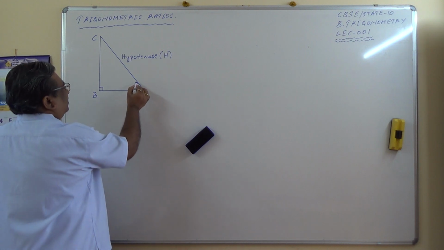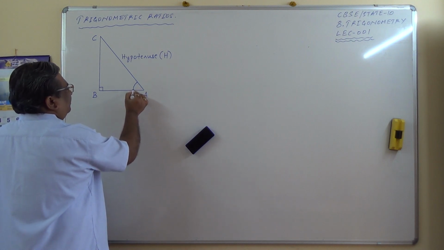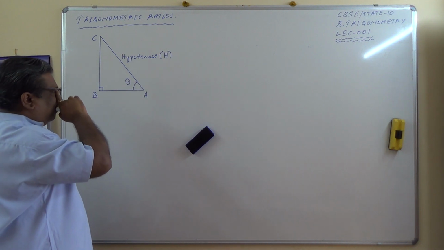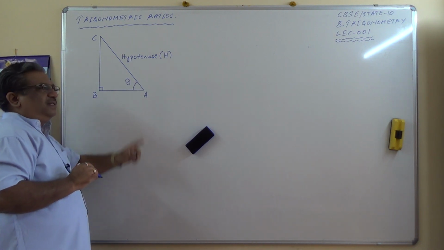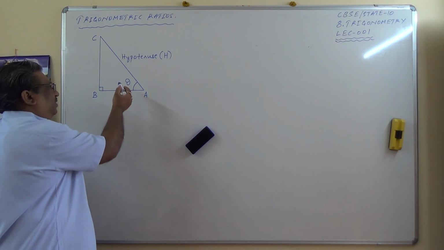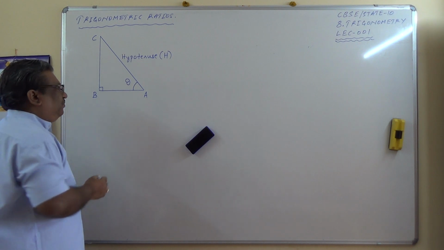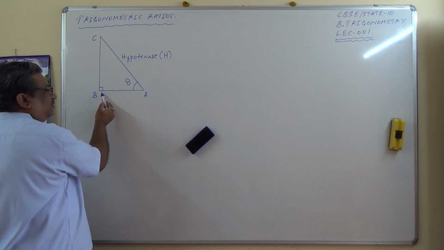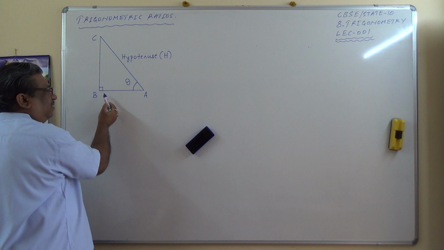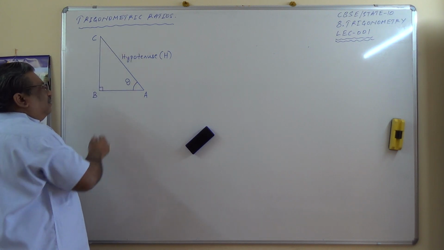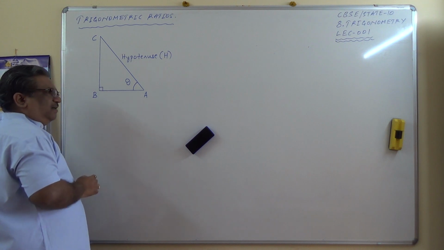Let us consider this angle is the reference angle theta. It is represented by theta. With respect to this reference angle theta, AB is called the adjacent side or base, and BC is called the perpendicular or opposite side.